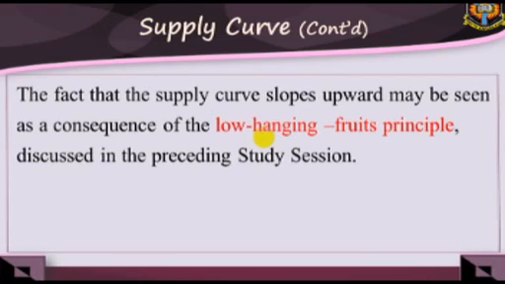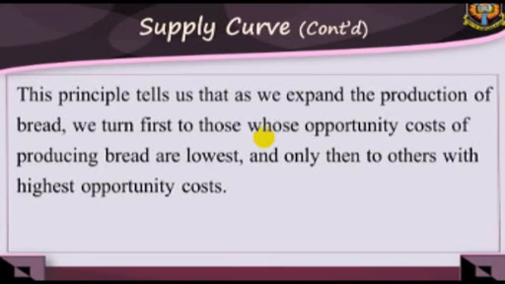The fact that the supply curve slopes upward may be seen as a consequence of the low-hanging fruit principle discussed in the preceding study session. This principle tells us that as we expand the production of bread, we turn first to those whose opportunity cost of producing bread is lowest, and only then to others with higher opportunity cost.